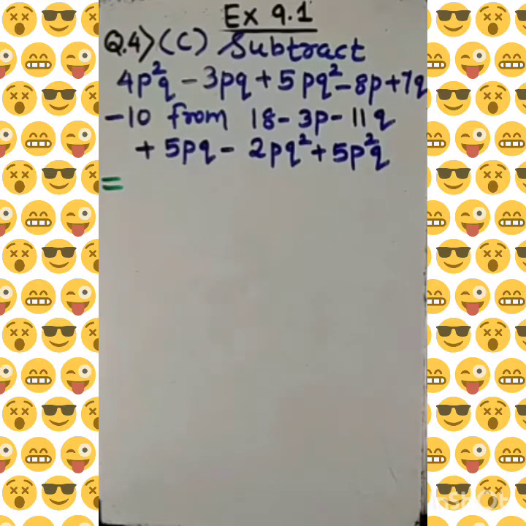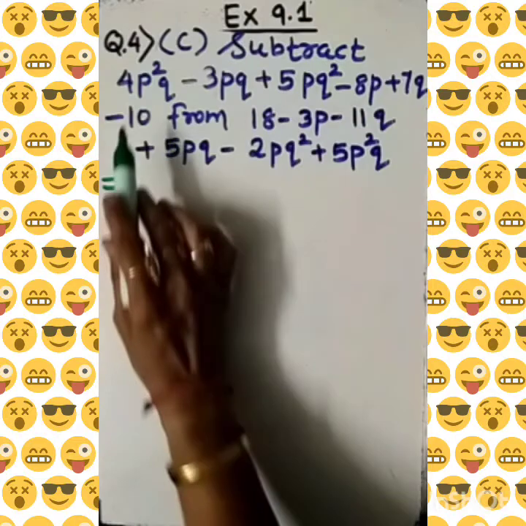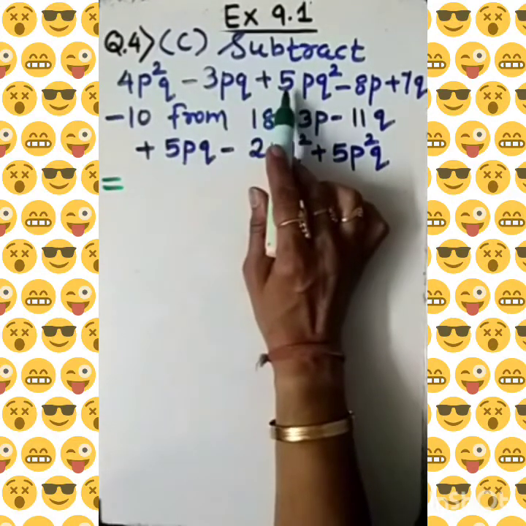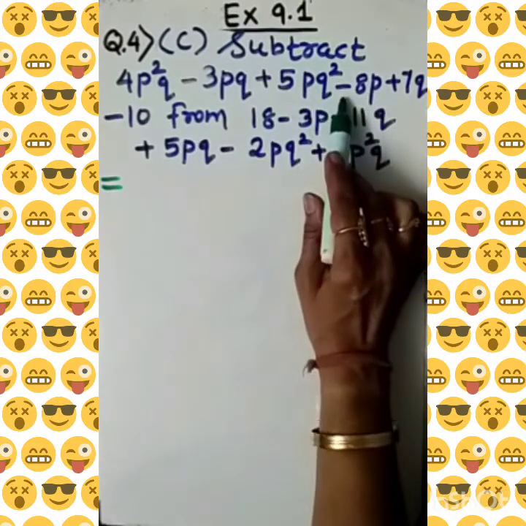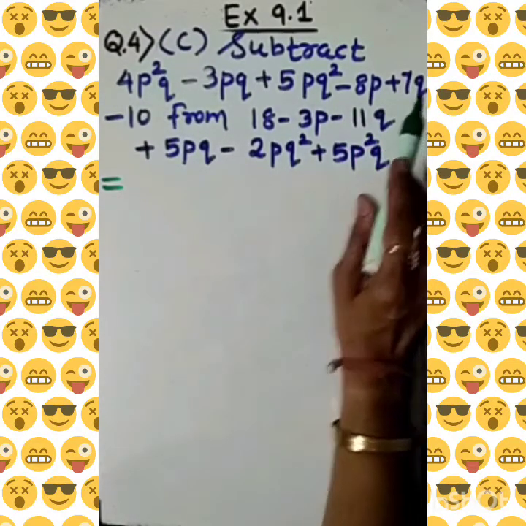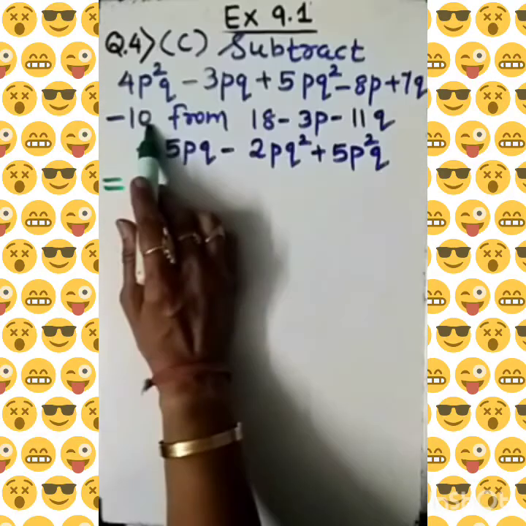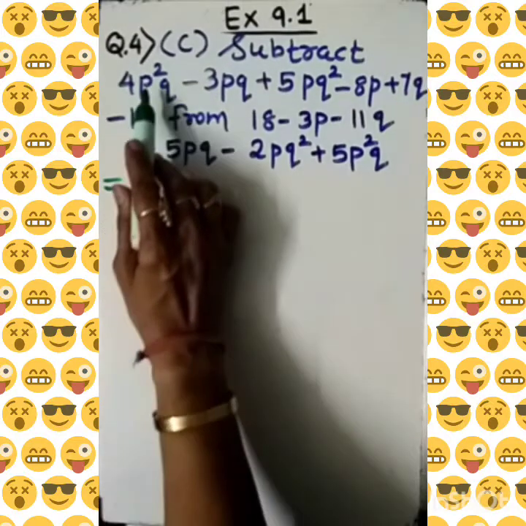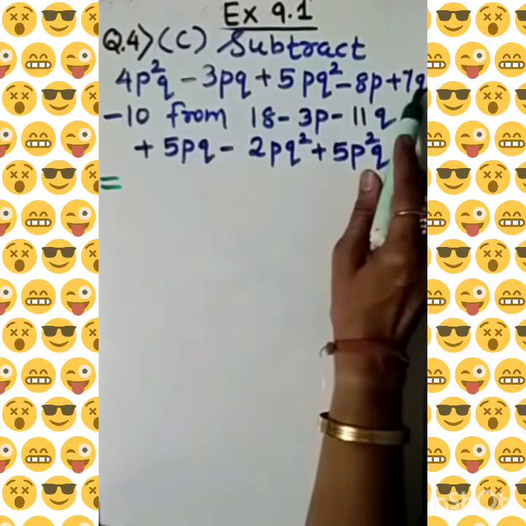Okay, so exercise 9.1, question 4, it's the C part. Subtract 4p square q minus 3pq plus 5pq square minus 8p plus 7q minus 10. This is the first expression and it has 1, 2, 3, 4, 5, 6 terms.